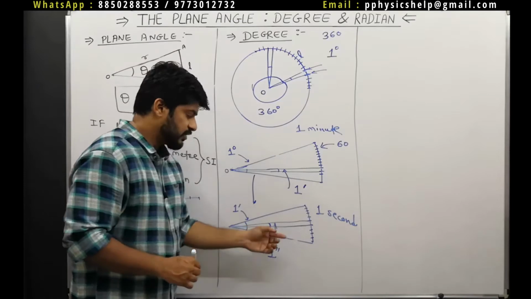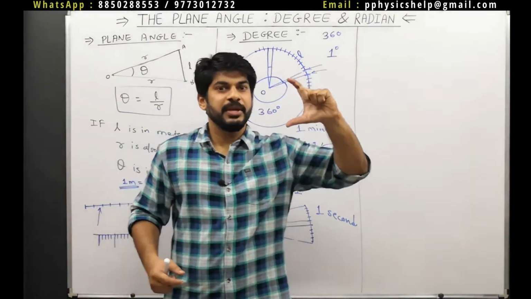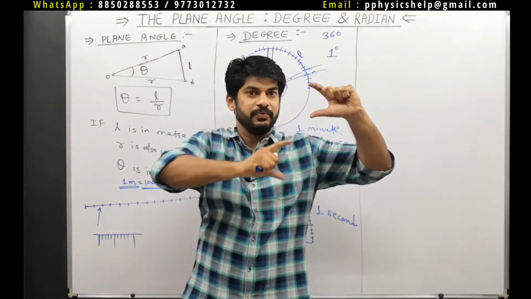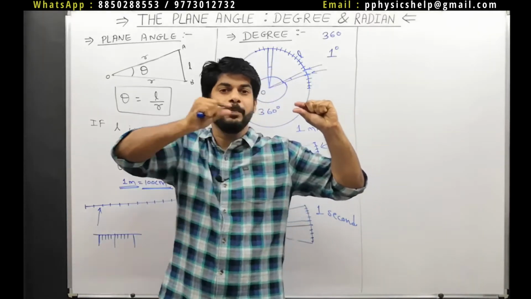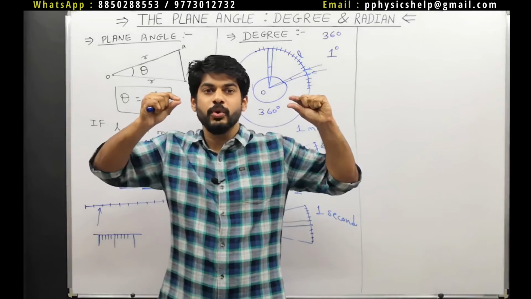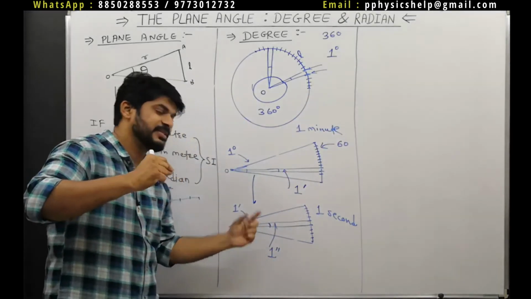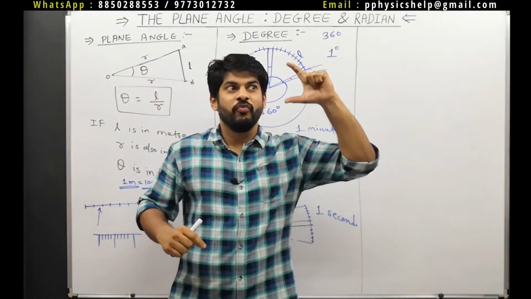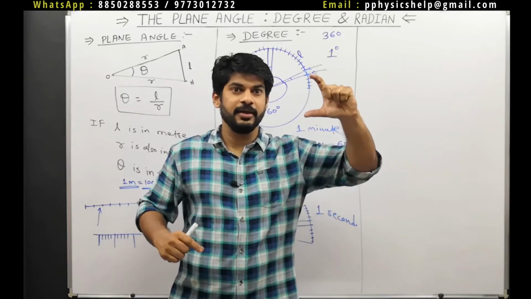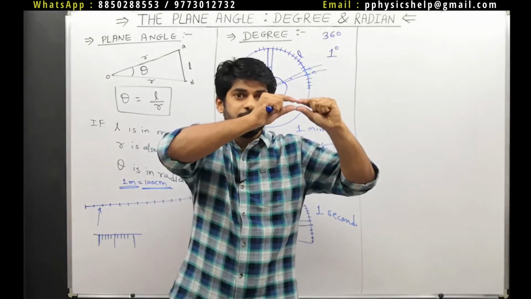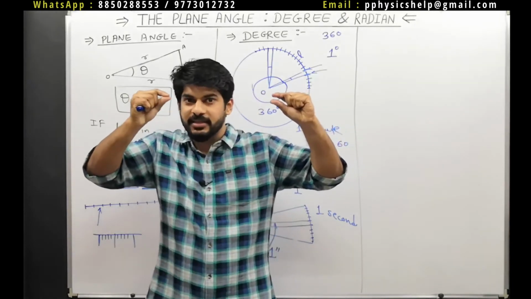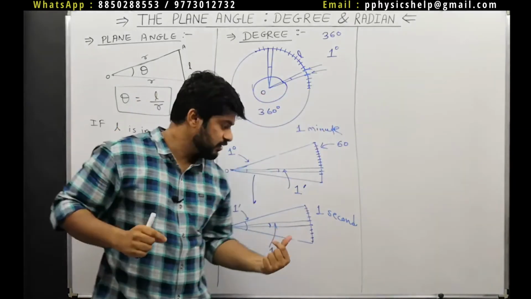You can see the 1 minute angle is again divided into 60 equal parts, then each part corresponds to an angle of 1 second. Each part subtends a certain angle at the center and that angle is called 1 second.